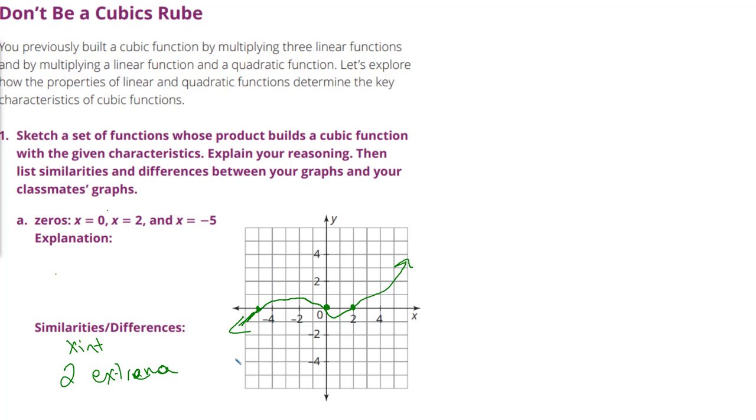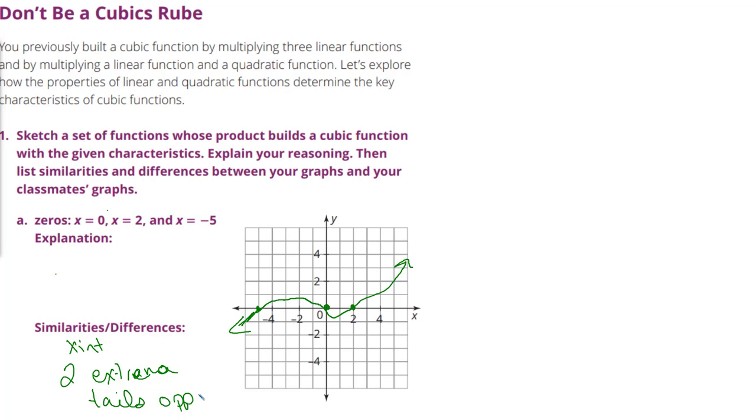Did we all have our tails go opposite directions? Yeah. Did we all have all domain? Okay. Did we all cover all range? Yeah.